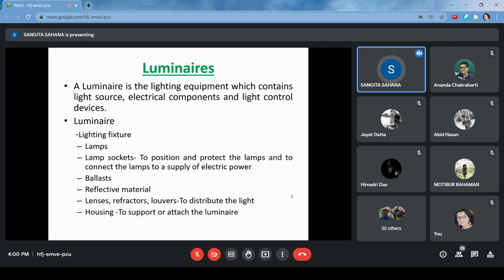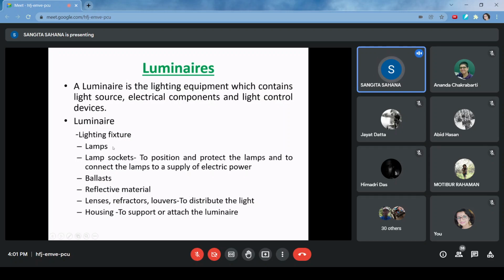There is a cover over the lamp, so that is the luminaire. It contains the lamp, the electrical components like ballast, discharge ballast, controller, driver, etc., and the light control devices, if any. It is the luminaire or the lighting fixture.